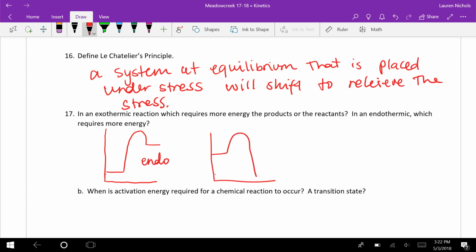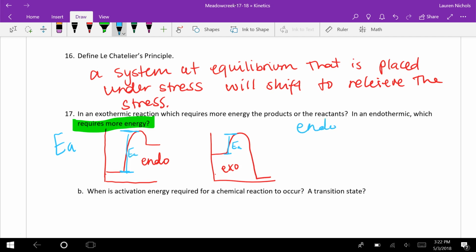That's endo, this is exo. When they're saying which one requires more energy, they're talking about your activation energy, how much it requires to get started. And we can see that an endothermic reaction has a much higher activation energy than exo.